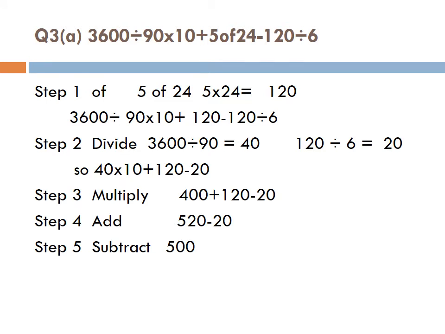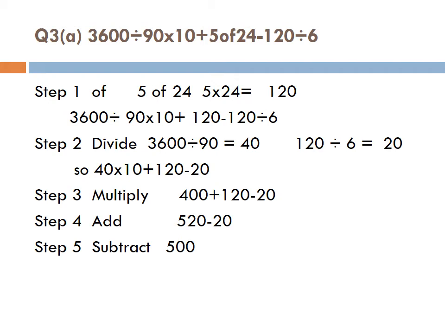Question number 3, A part. 3600 divided by 90 multiplied by 10 plus 5 of 24 minus 120 divided by 6. In this sum, you can see all the signs: division, multiplication, off and subtraction. Step 1.